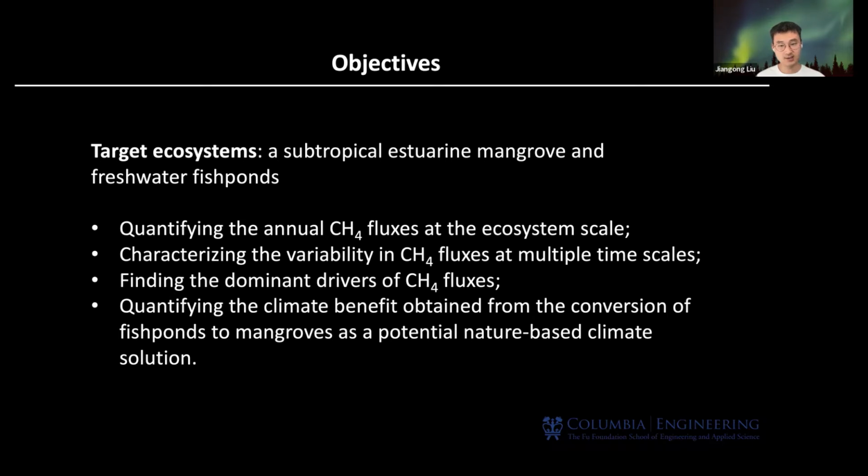And at last, we want to explore if converting fish ponds to mangroves can be a potential nature-based climate solution. Because fish ponds can be a hotspot for greenhouse gas emissions, and mangroves normally have a high carbon sequestration rate. So through this conversion, maybe we can achieve some climate benefit.